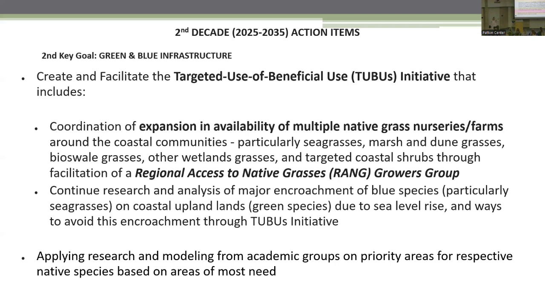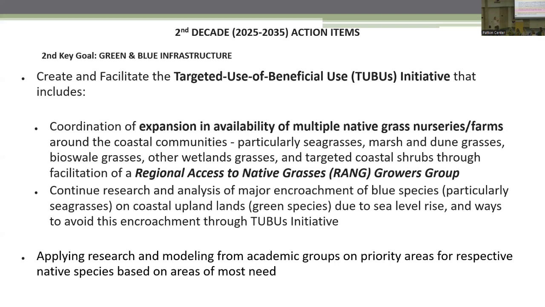And then we are going to continue the research and analysis on the fact that our seagrasses are encroaching inland and creating a bit of a problem for areas that were not originally experiencing seagrasses as part of their ecology.